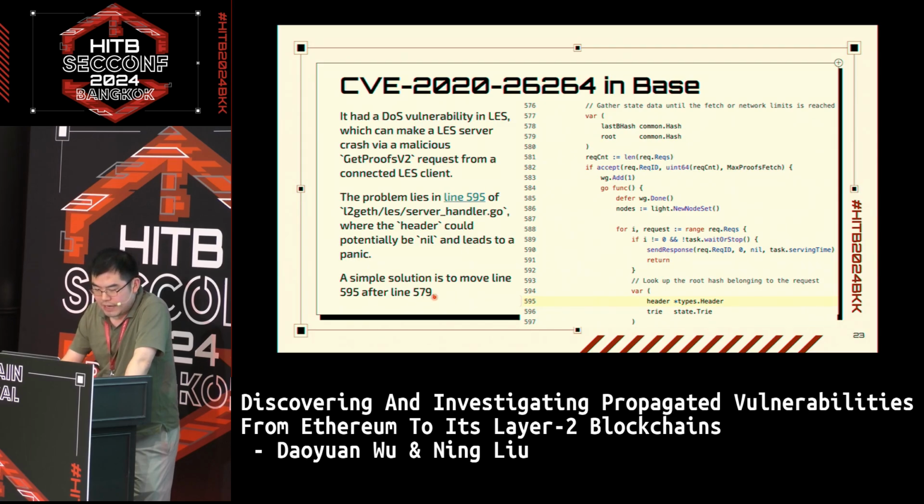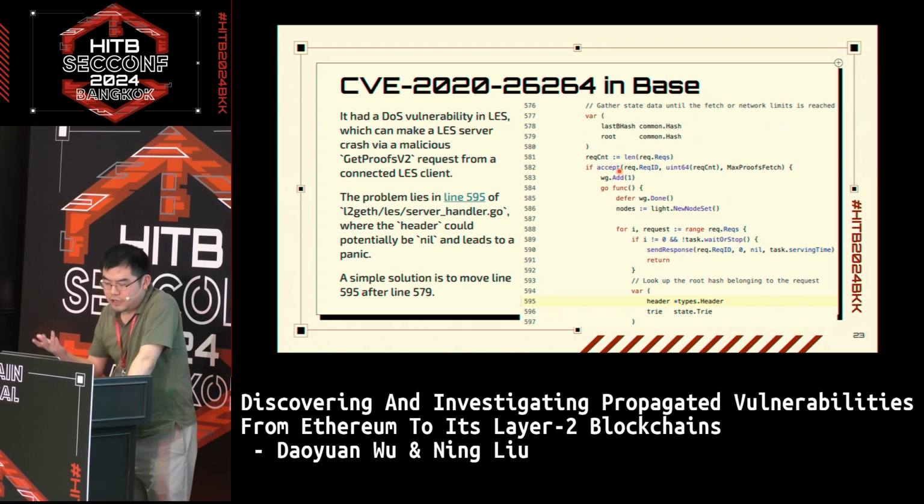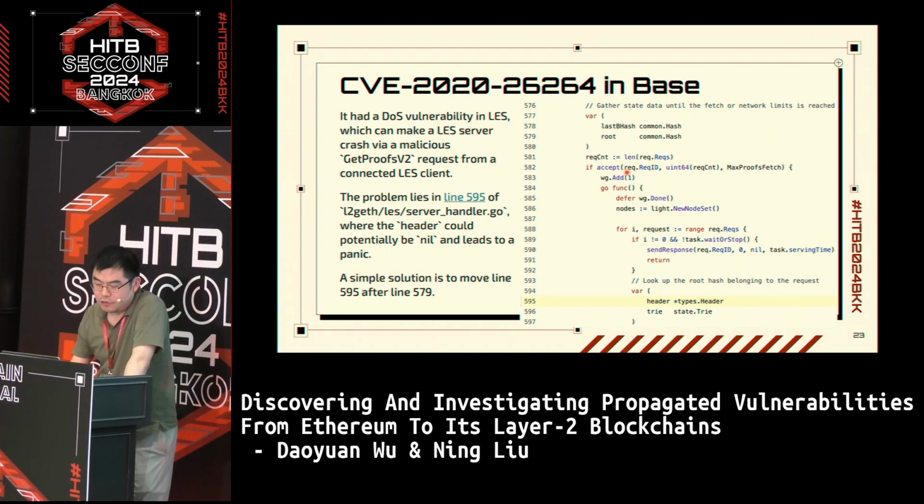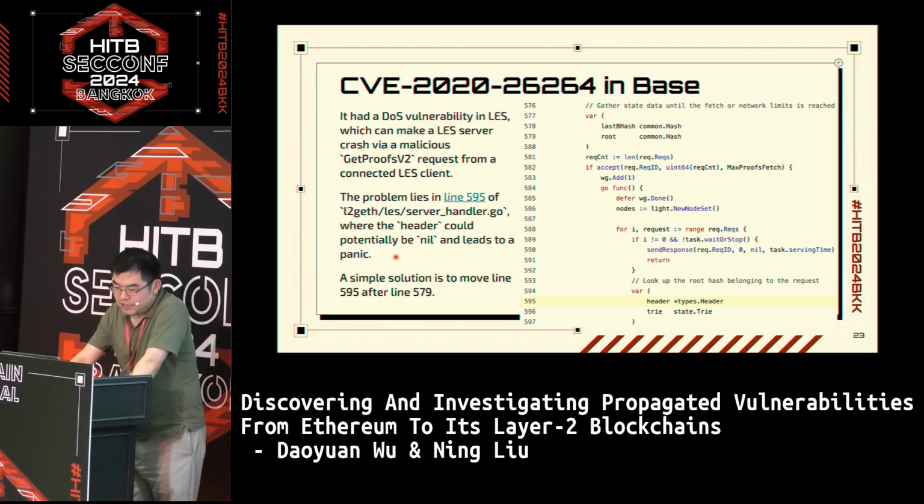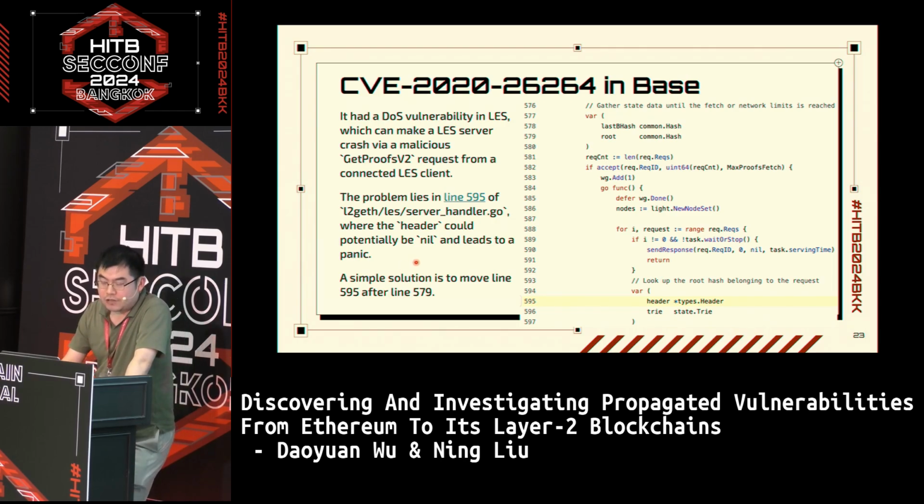And similarly, the Coinbase case also has a denial of service vulnerability. Go Ethereum is not Python, it is written in the Go language, and the Go language has so-called panic issues. Once these panic issues happen, they will also cause a crash, and eventually lead to denial of service.